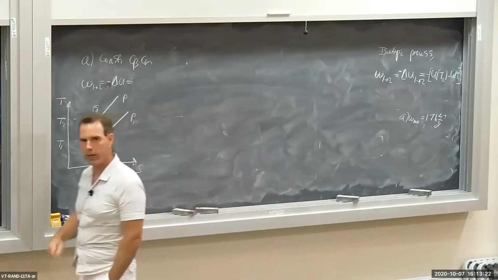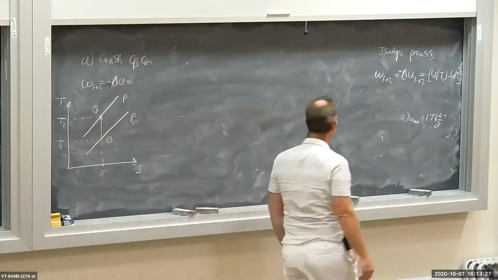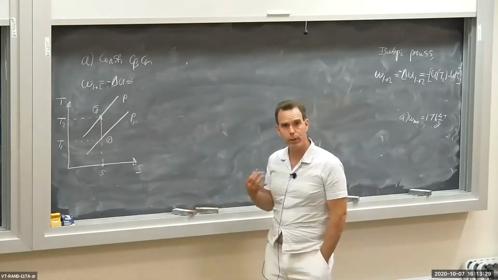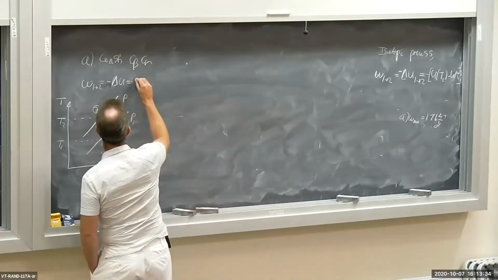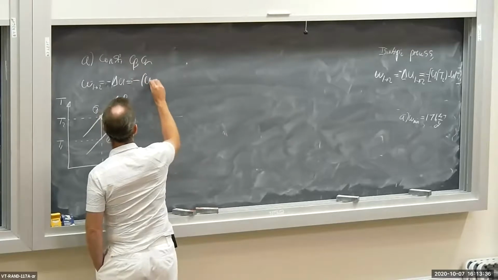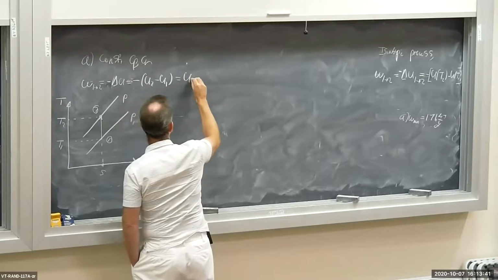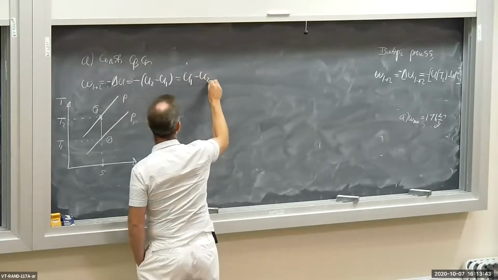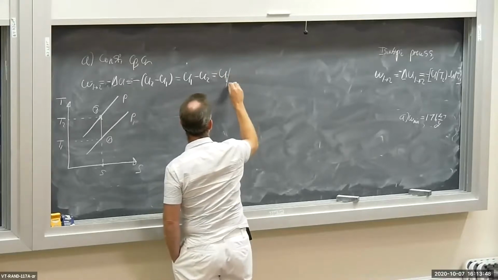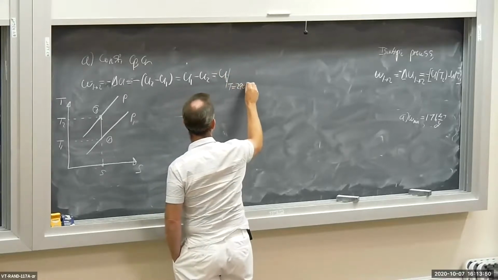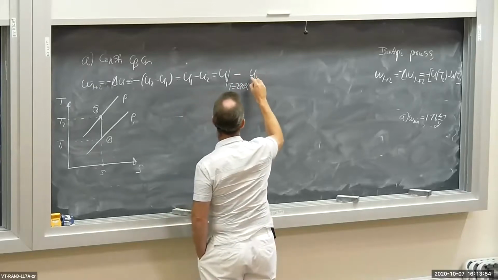Still the same process, but now we need to find U at state 2 using our reduced pressure approach. So we have negative delta U, which is negative (U2 minus U1), which is U1 minus U2, where U1 is U evaluated at a temperature of 290 degrees Kelvin, and then I just have U2 right here.